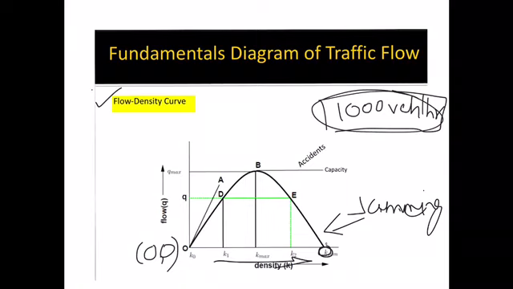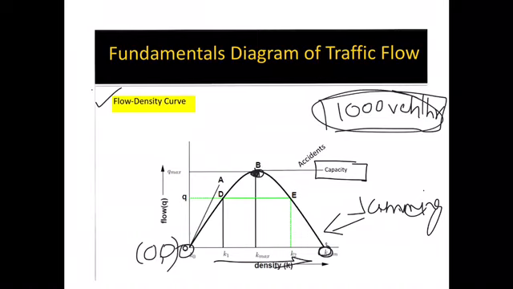There are two conditions when your flow is 0. The first is when there are no vehicles on the road. Secondly, it will again come to 0 when the vehicles are completely jammed. That you call the jamming density. The point at which your flow is maximum, we call the capacity of the road.